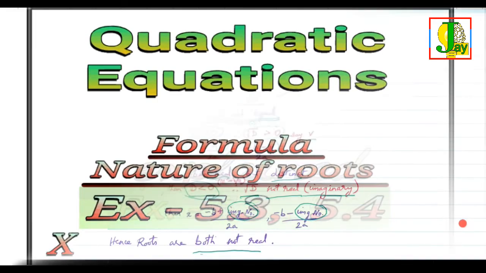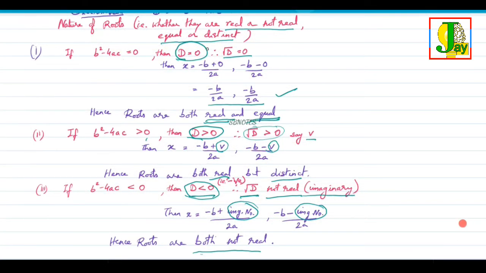Now if you go back and see my previous class, you'll understand that the nature of roots depends on the value of D, whether it is equal to 0, D greater than 0, or D less than 0. If D is equal to 0, we have both the roots real and equal, and if D is greater than 0, both the roots are distinct and real.